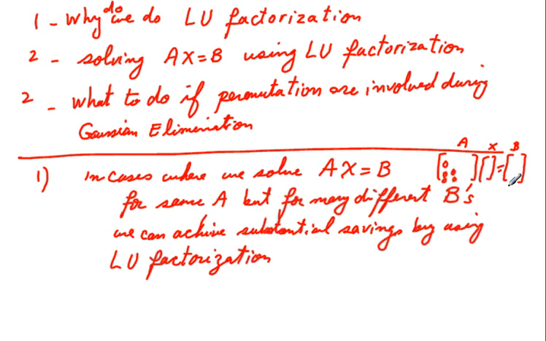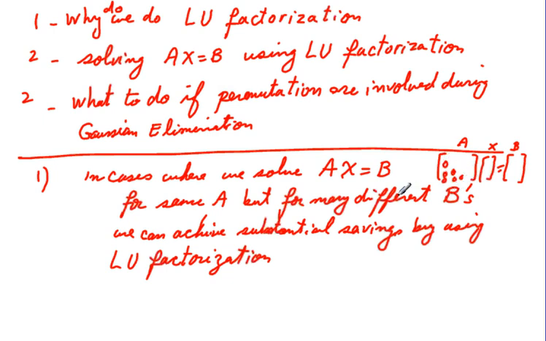regardless of what you got on the right-hand side. And essentially what LU factorization does, it just makes you aware of the fact that much of the effort that you have spent is a duplicate effort. From one B to another B, you are doing the exact same thing for zeroing out these elements and creating this echelon form on this side.